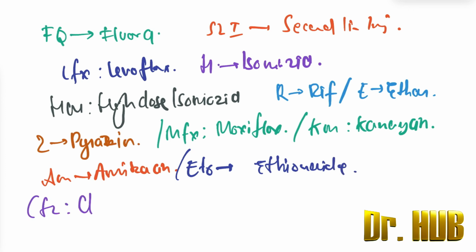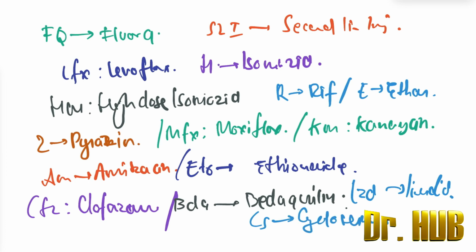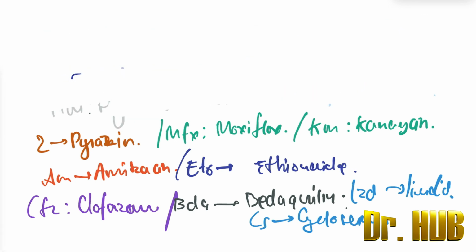CFZ is for clofazimine. BDQ is for bedaquiline. LZD is for linezolid. CS is for cycloserine. Now let us go back to the criteria for patients.